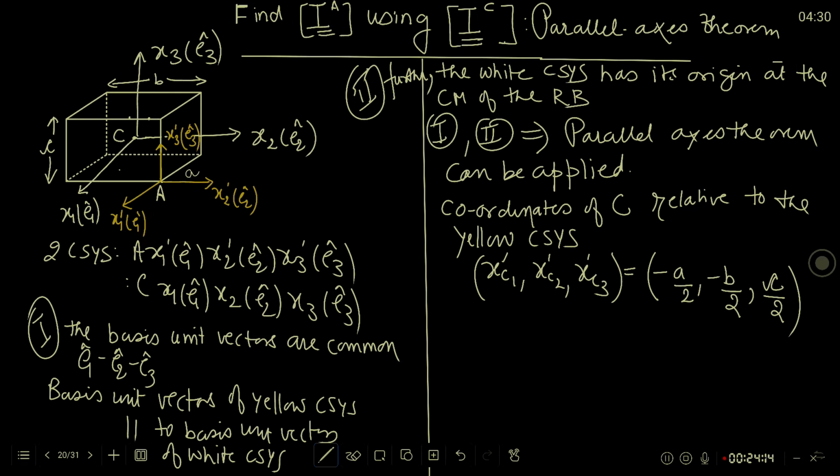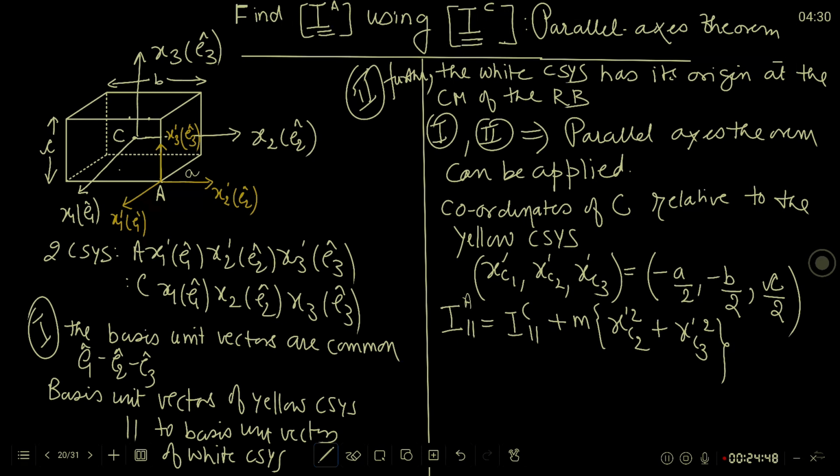That's where it lies. We have enough information to find IA11 as IC11 plus M times XC2 square plus XC3 square. This is the parallel axis theorem for moments of inertia.